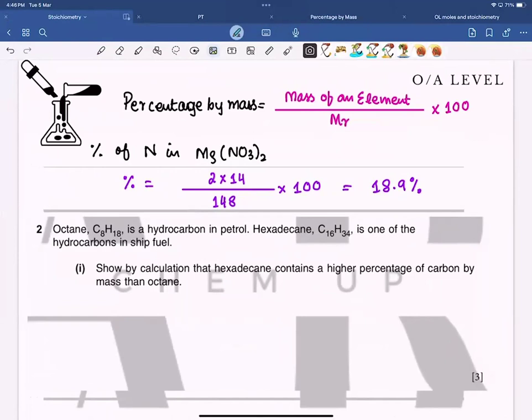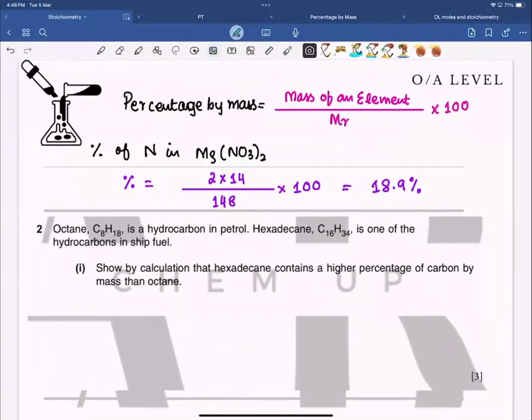So you have to calculate the percentage of carbon in both the compounds to show in which one you will get the higher percentage. C8H18 and C16H34.